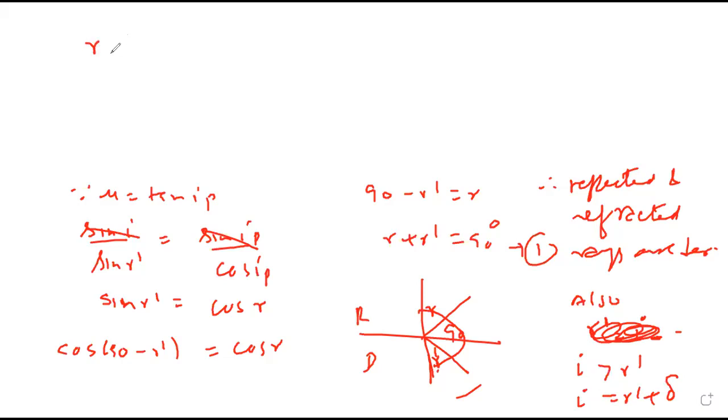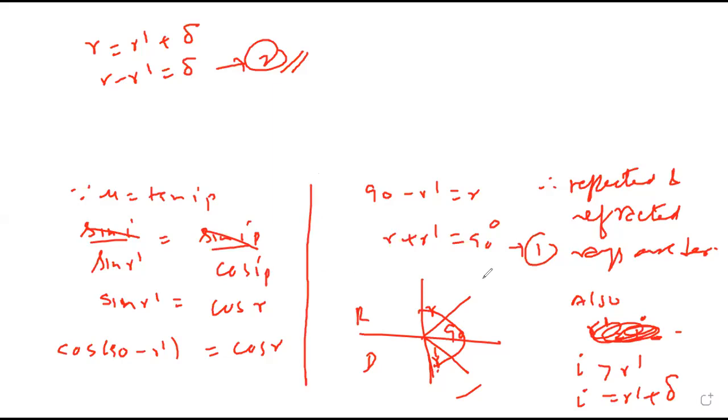So R is R dash plus delta. So R minus R dash equals the angle of deviation. Sometimes they will give that light is incident at the polarizing angle such that the angle of deviation is 20 degree. Then R minus R dash is 20, and for the polarizing angle R plus R dash is 90. Solve them simultaneously, you will get R or R dash, whatever they want. So this is one of the important questions.